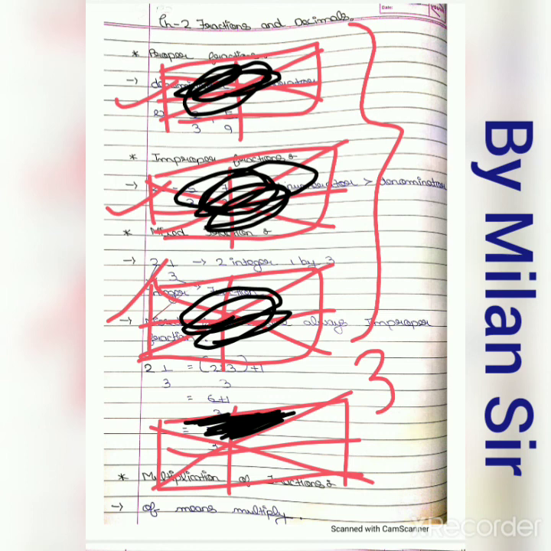Then for the fourth one, out of 6 parts we consider only 2 parts, right? Then we can write like this: 3 integer 2 by 6, meaning 3 whole quantities, and after that out of 6 parts we consider 2 parts, right? This is the meaning of mixed fraction.